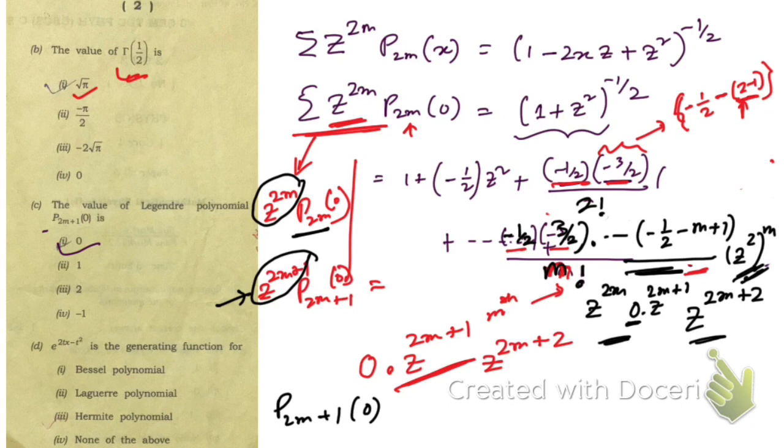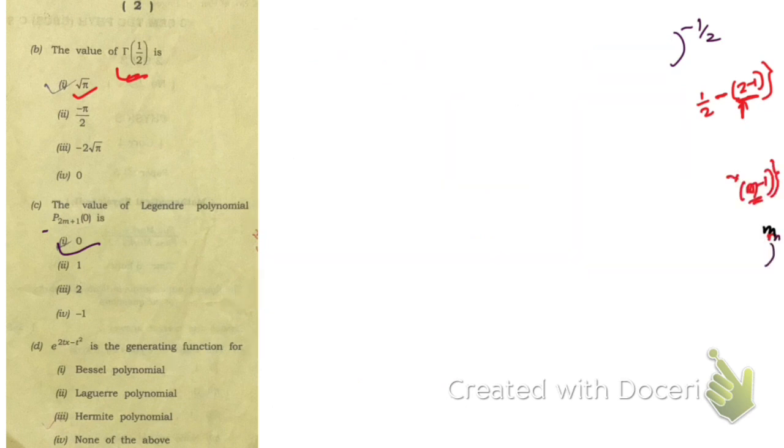So definitely, if there is summation, then the next term should be z to the power twice m plus 1 p twice m plus 1 of 0, right? But on the right hand side, we are not getting any term whose variable is z to the power twice m plus 1. So that's why it must be equal to 0. Hope you have understood how I got 0. So the correct answer is this.